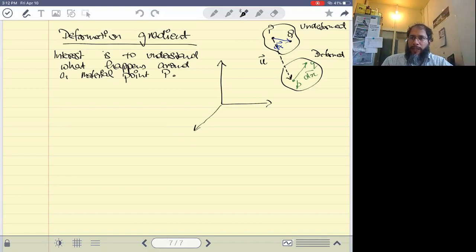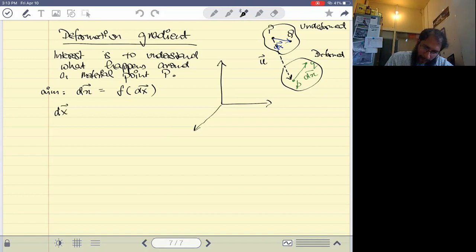So the aim here is to be able to write d small x in terms of dX. I want to write my d small x vector as some function of dX. That's the aim here. All right, so let's start doing that. I'll be writing my dX, sorry, just to be clear, the vector is on capital X, not on d.